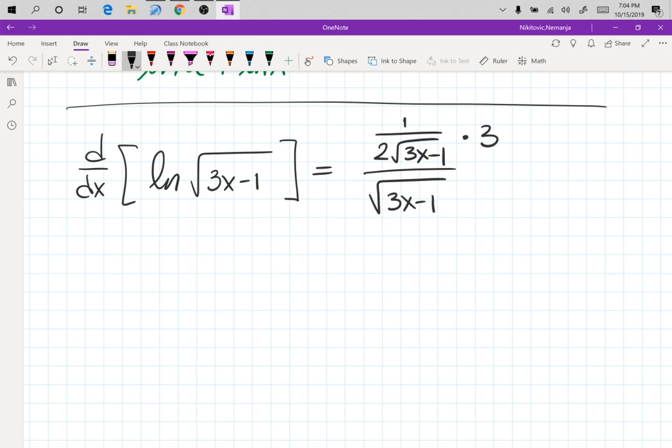And then you pretty much give up because it's a lot of work. But you have this over 1. So now 1 times 3 is 3, divided by 2. And then you have 3x minus 1 because square root times square root loses the root. That's a lot of work, right?